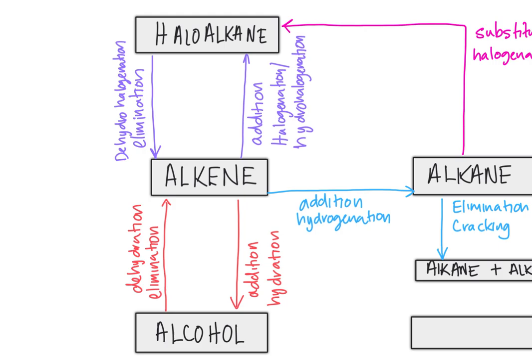Halogenation of alkanes. In addition to that, if I wanted my haloalkane to become an alcohol, I could use a substitution reaction. For example, I could use hydrolysis.